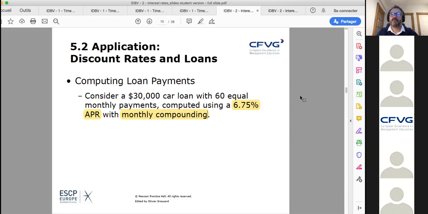Secondly, calculate C, so the monthly payments. And third, what is the real EAR applied to the loan?